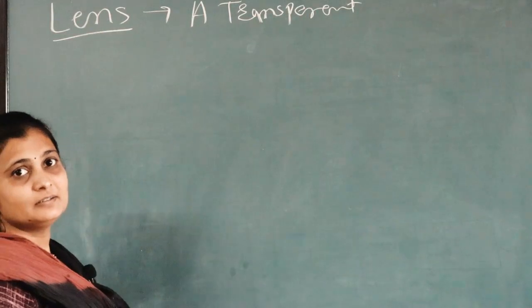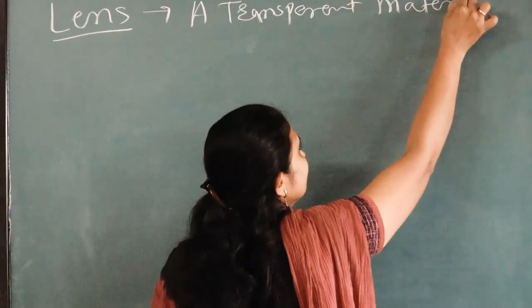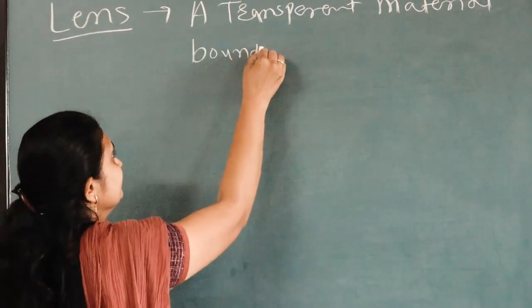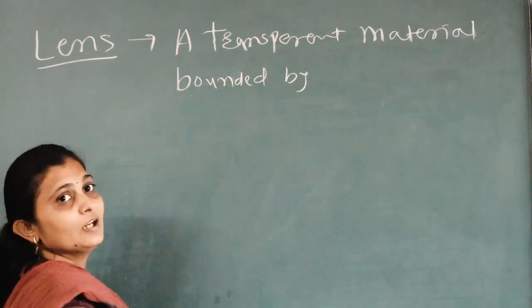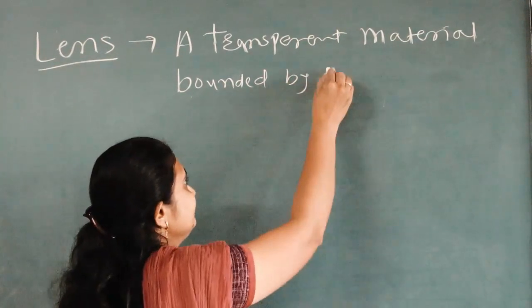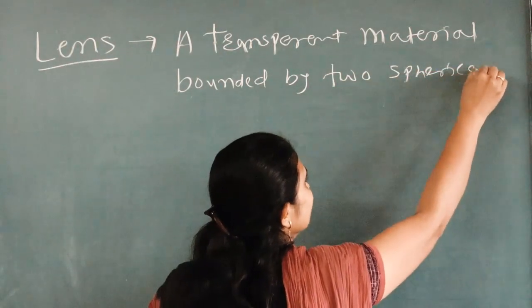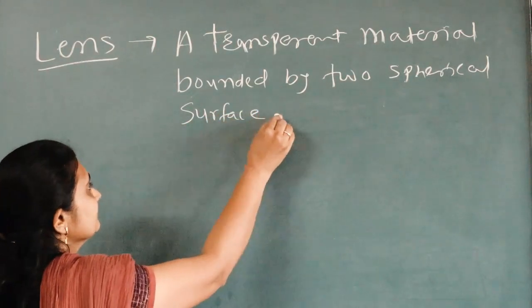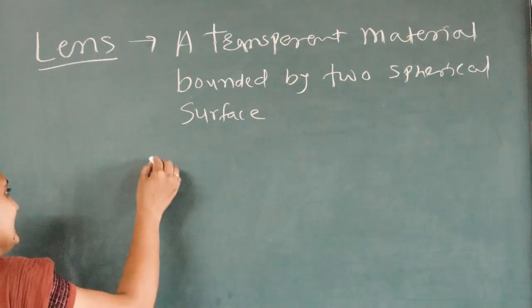A transparent material bounded by two spherical surfaces is called a lens.